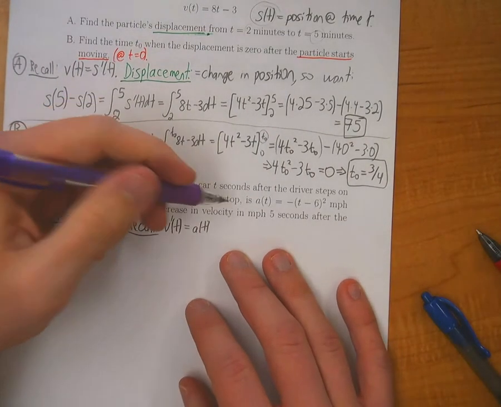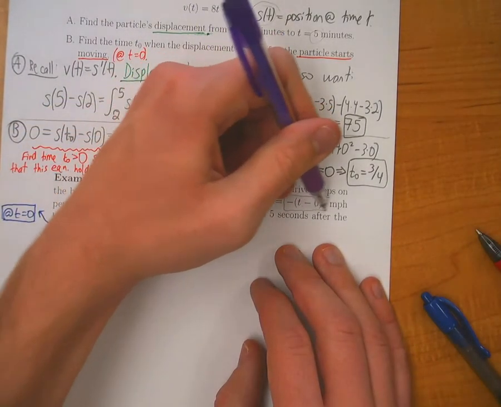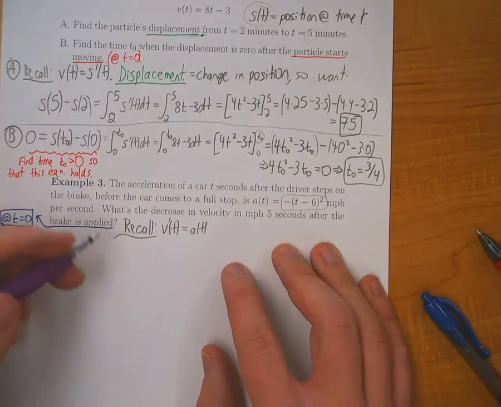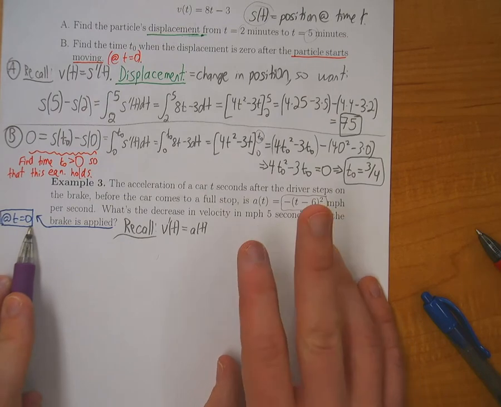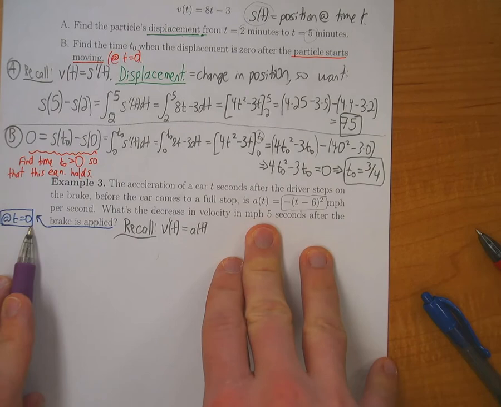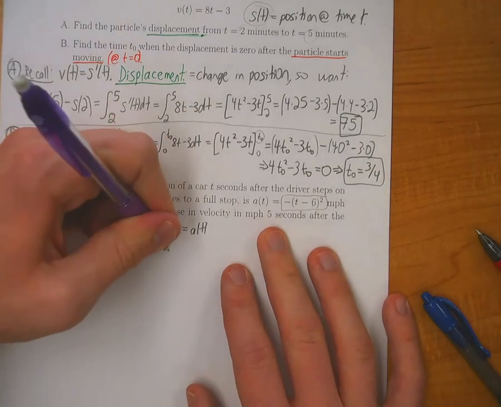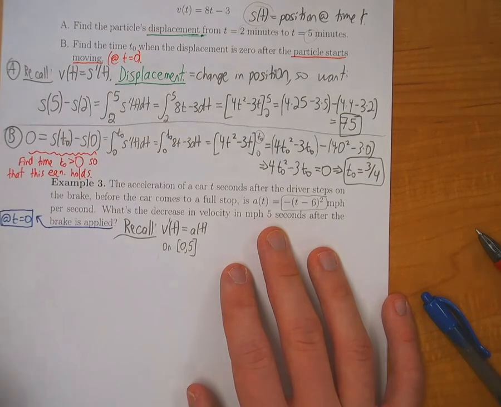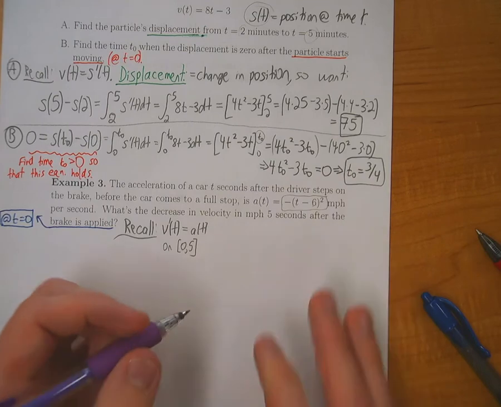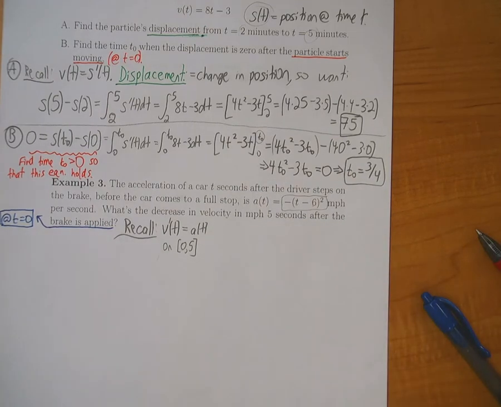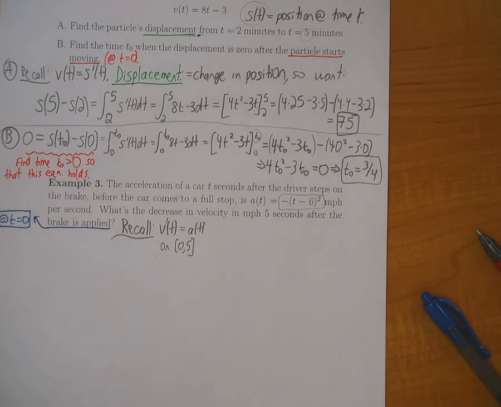One thing to note here is that if we take a look at this expression, our interval is going to be from t equals 0 to t equals 5, because we're focusing on 5 seconds after the brake is applied. So on 0, comma 5, what do we notice? Will a of t be taken as strictly positive or strictly negative, if at all?